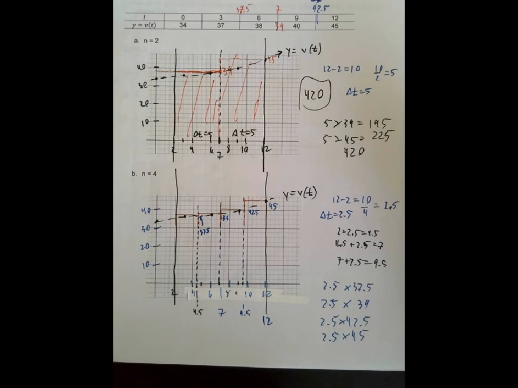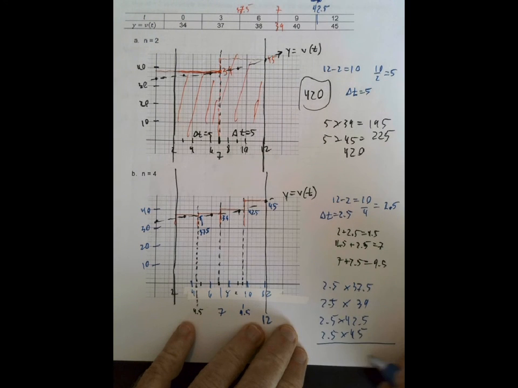Now, I'm just going to add those, 37.5 plus 39 plus 42.5 plus 45, and then multiply it by 2.5, and that's 410. That's what that comes out to be.